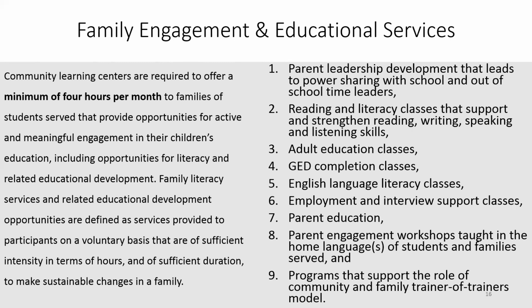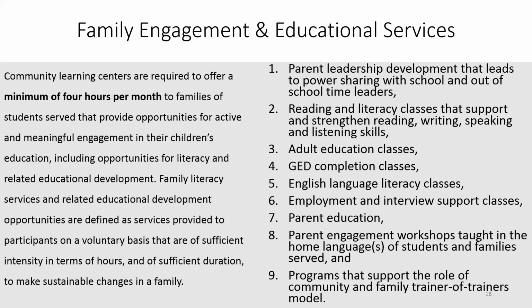And then over here on the right-hand side, there's 9 topics that have been included in the RFP that are allowable and give examples of activities that you can offer to families that may be sustained, sufficient, ongoing, and may make changes in the family.